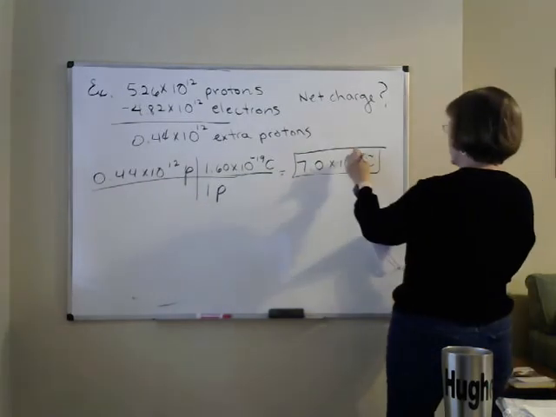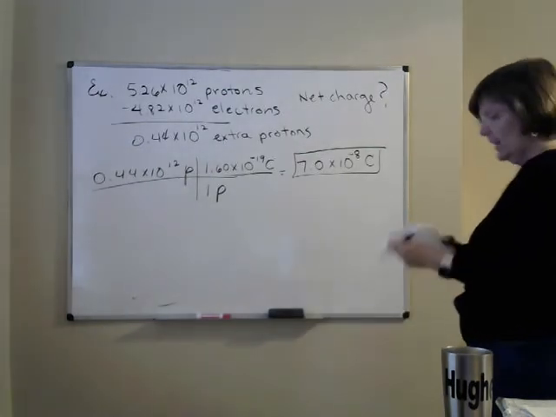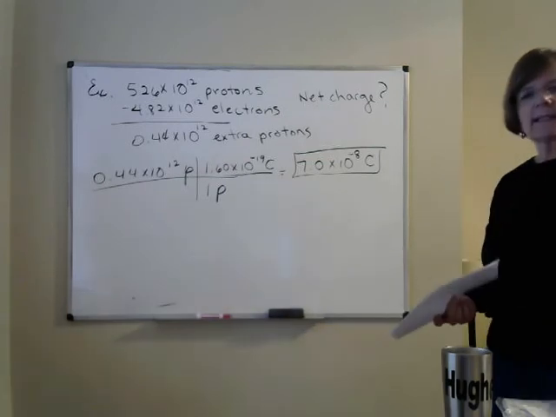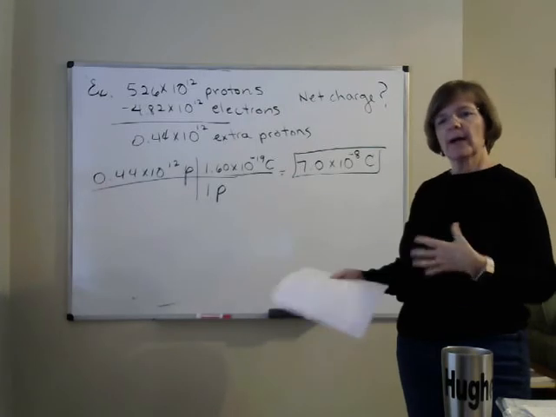Negative 8. Sorry about that. Okay, neither of those used Coulomb's law, but they did help us understand this idea that charge is quantized, and what we're talking about when we talk about net charge.